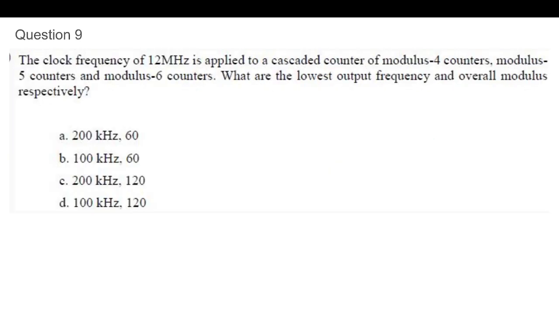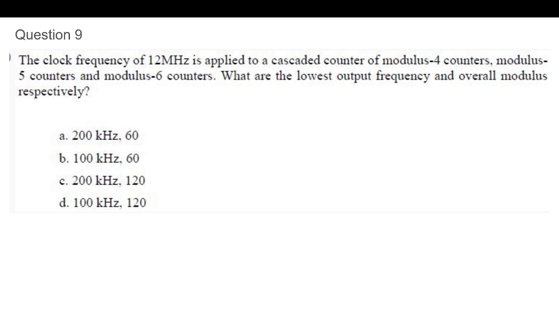Next question. A clock frequency of 12 MHz is applied to a cascaded counter of modulus 4, modulus 5, modulus 6. What are the lowest output frequency and the overall modulus of the counter?